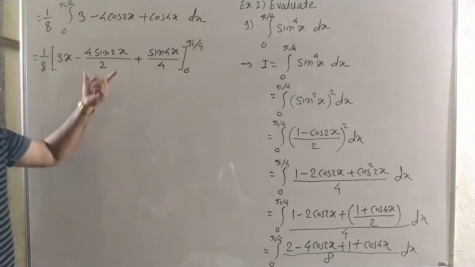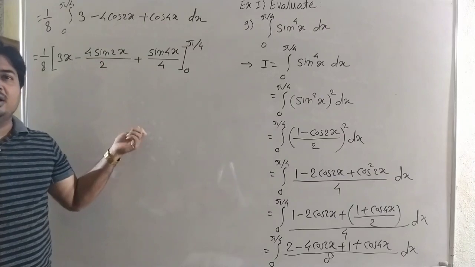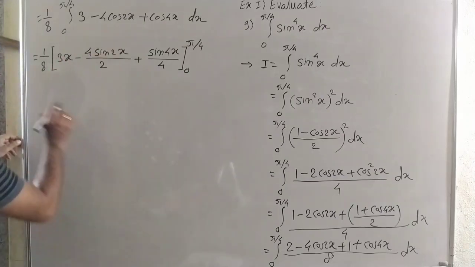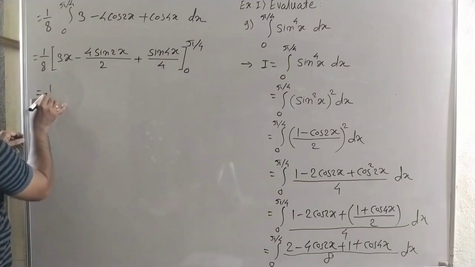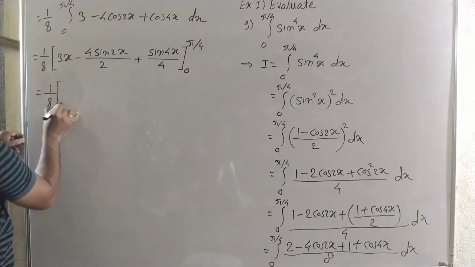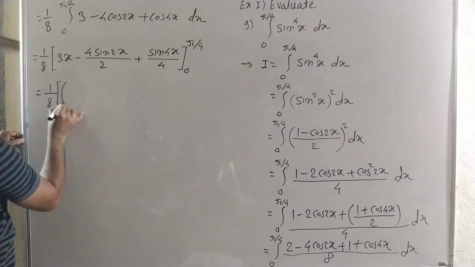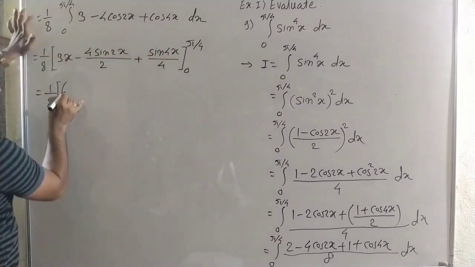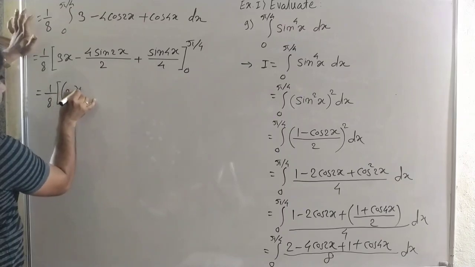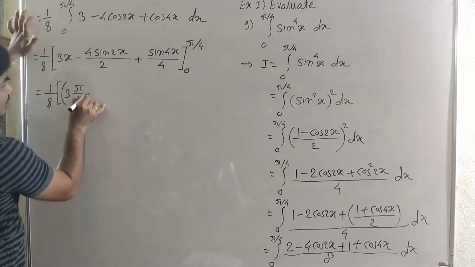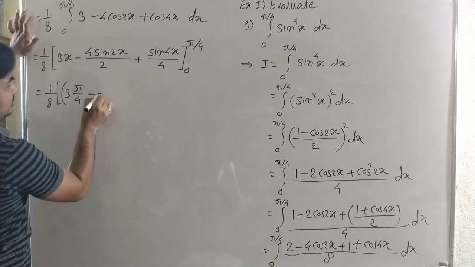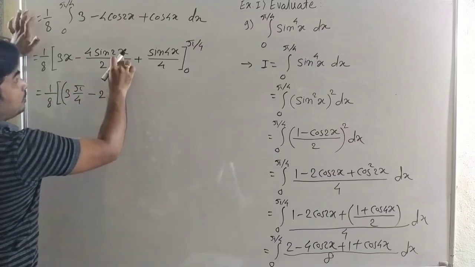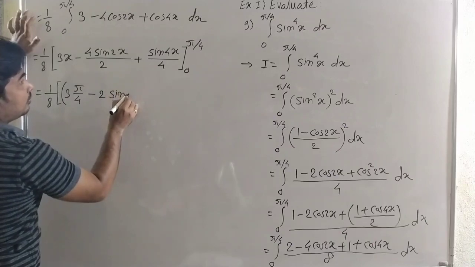Now it is a definite integral. In this integral we put the first upper limit and then minus the lower limit. Then it is 1 by 8. See carefully this. First we put the upper limit pi by 4, therefore 3 into pi by 4 minus this 2 gets cancelled, so here 2 sine, it is pi by 4, so we can write here pi by 2.